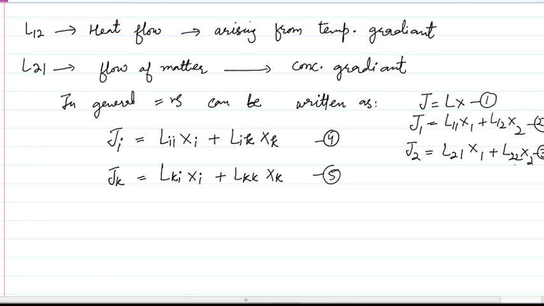So you can see here, in place of J1 we have represented it in general as Ji, and L11 as Lii. The rest of the equations are formed from equations 2 and 3. These are phenomenological equations, so we can form a general expression here. This is our general case.